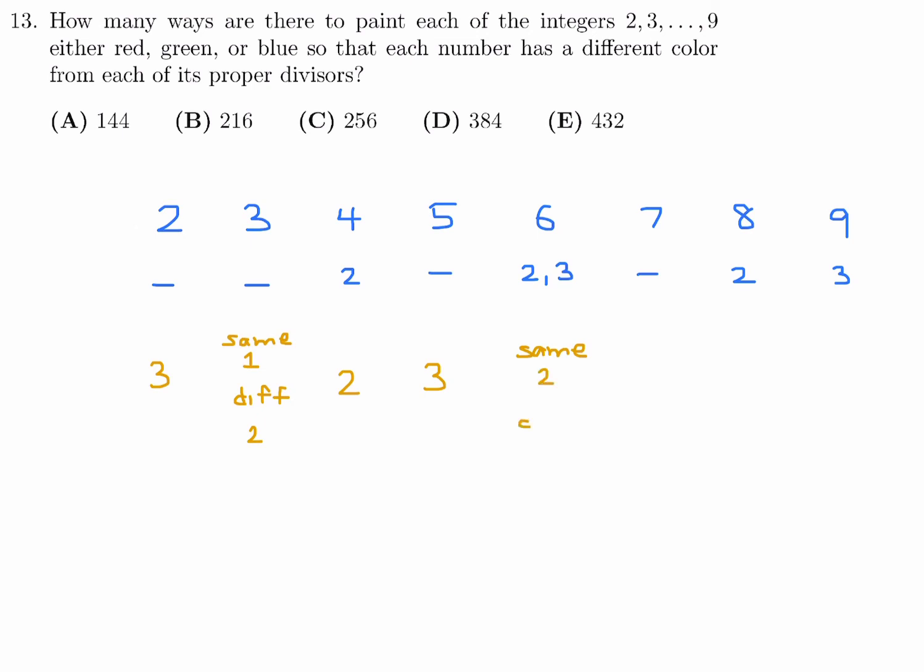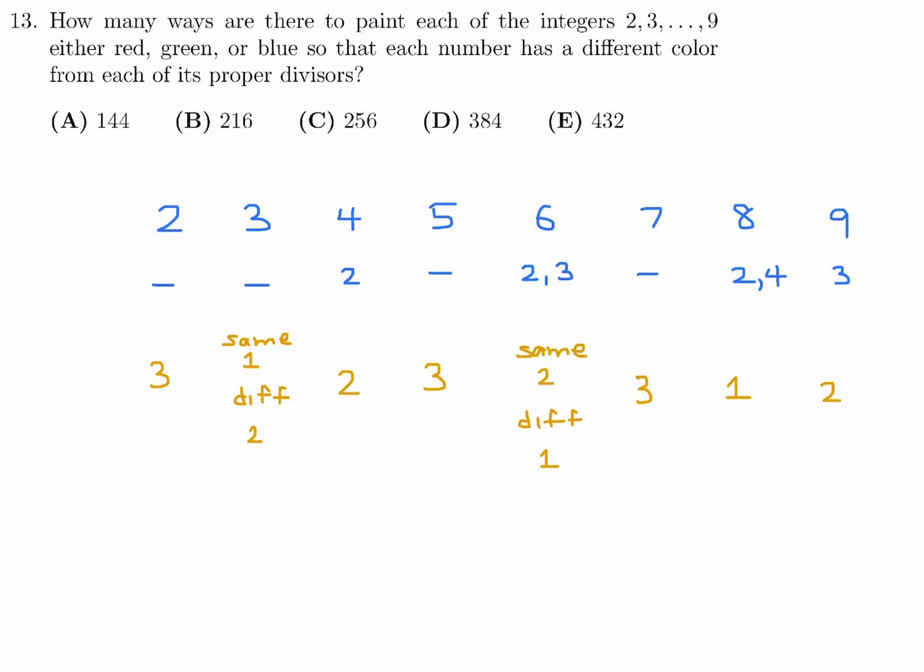If the colors of 2 and 3 were different, then I've got only 1 choice for 6. 3 choices for 7. 8, I cannot put the color for 4 or the color for 2. Those are proper divisors of 8, actually. So that leaves me with only 1 choice. And 9, I cannot put the color for 3, so that leaves me with just 2 choices.